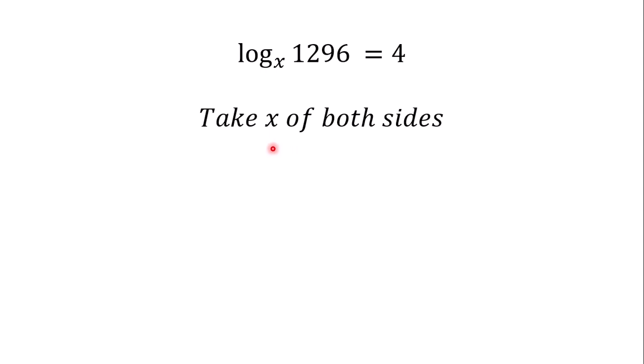So that is why I'm taking x of both sides. So let's take x of both sides, and you see what I'm talking about. The moment you take x of both sides, you could see that another property of logarithm will also be shown here, and you apply that one, and that log x and that base will just vanish, and you get your number back. So let's take x of both sides.